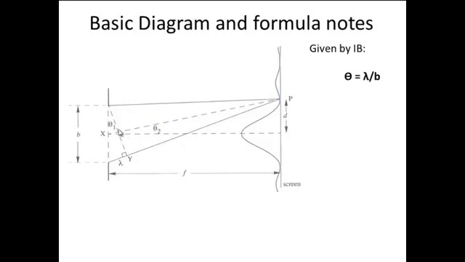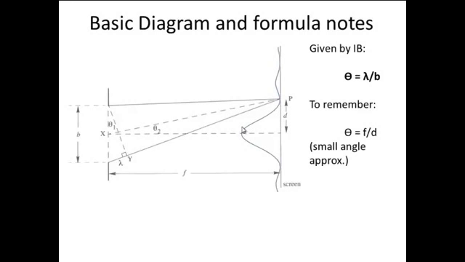Now, if I look at the angles here, my first angle, theta 1, is equal to the wavelength of the light divided by b. This is given by the IB, so this is the standard statement.